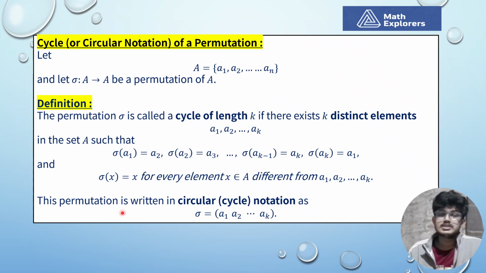This permutation is written in circular or cycle notation as sigma equal to (a1 a2 ... ak). This permutation is called a cycle of length k. Clear? Next.